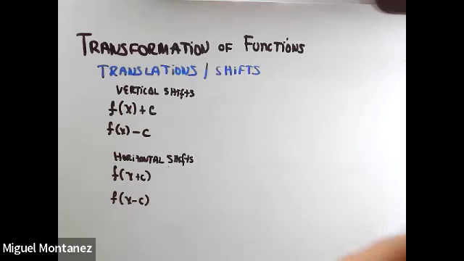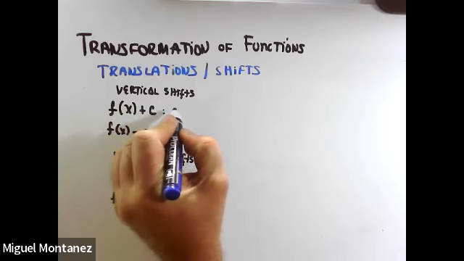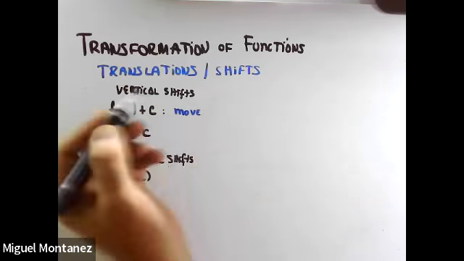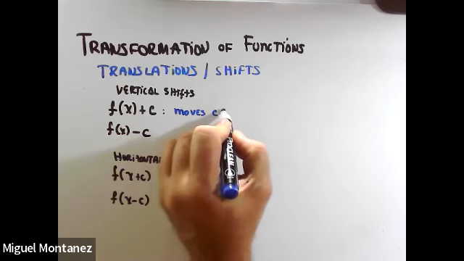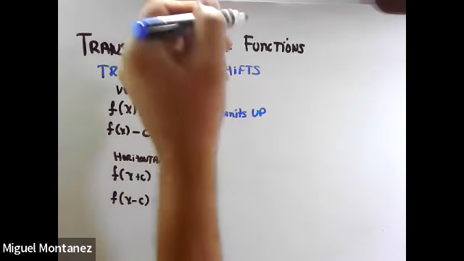Now, maybe this is kind of obvious, hopefully, or maybe not. If I add c vertically, that means that the graph moves c units up. We add, we push it up.